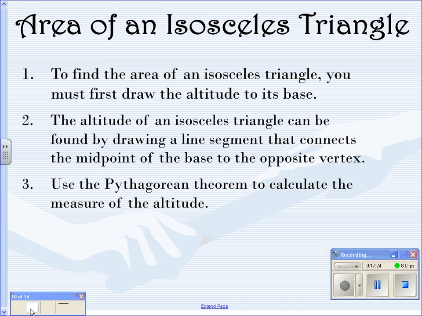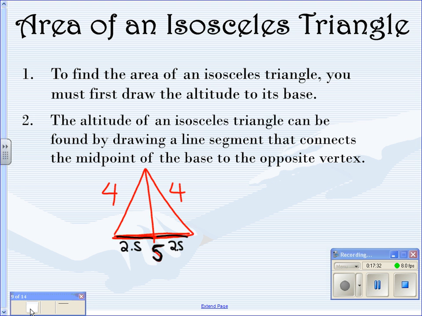All right, you're going to use your Pythagorean theorem to calculate the height, the altitude. Let me go back real quick. I would say 2.5 squared plus what? Nope, plus what? 2.5 squared plus the height squared, and that would equal what? 4 squared.